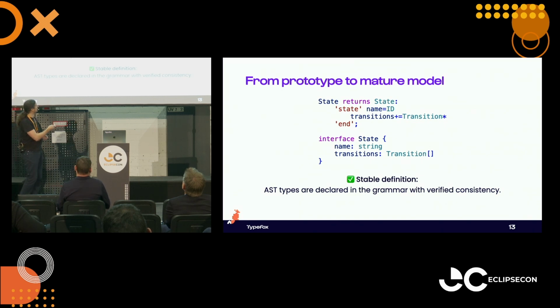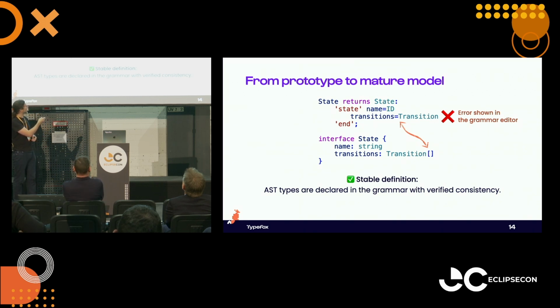And what's nice here is that if we make a mistake, for example, we change the assignment of transition to a single one, not an array of transitions, then we get an error in the grammar editor saying the type doesn't match. So just as one of the examples. So you already have a static validation that your syntax conforms to the meta model that you described.